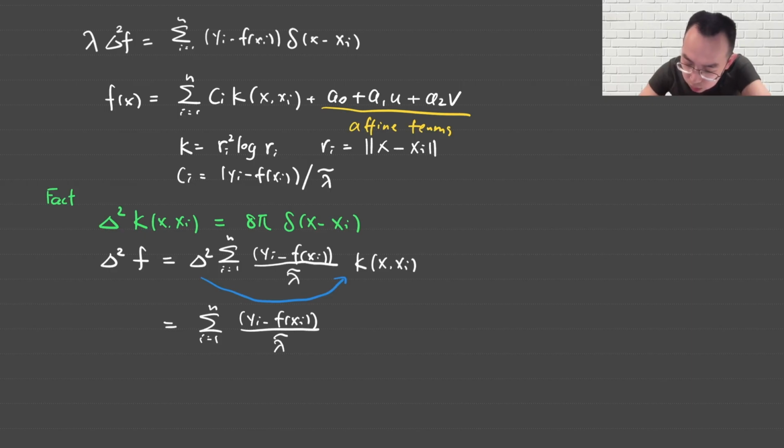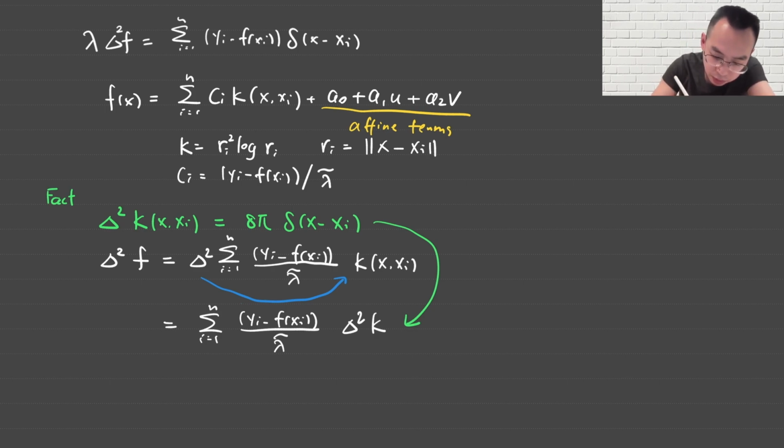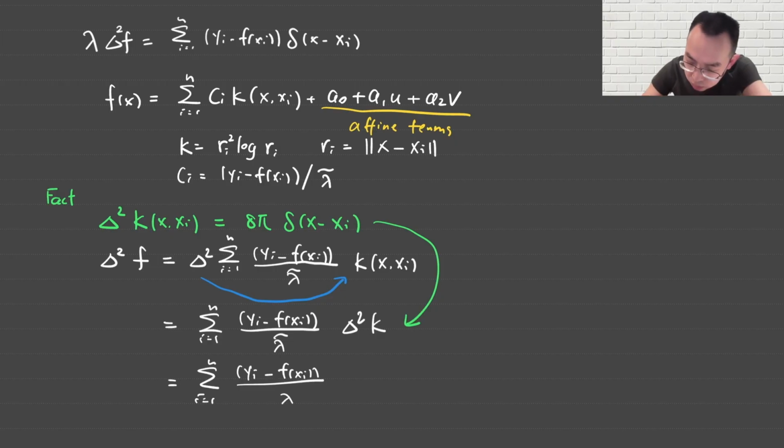Lambda tilde, and then we'll have, right, this thing is going to give us this, right? So what we end up having is the sum times 8 pi, and then delta x minus xi.